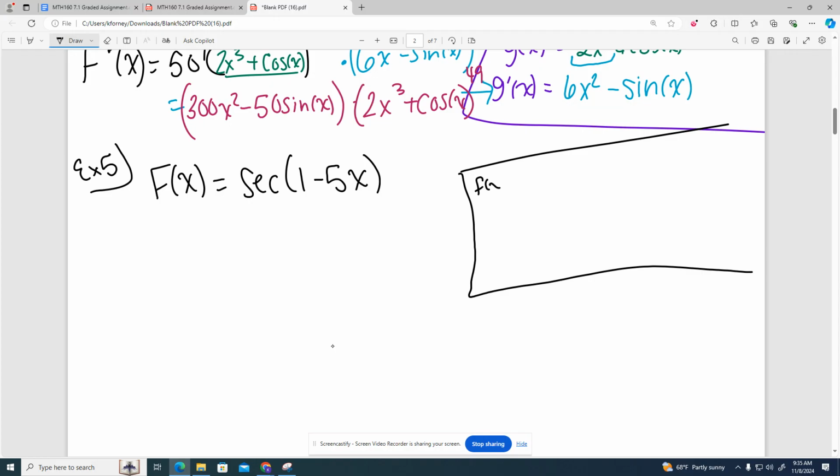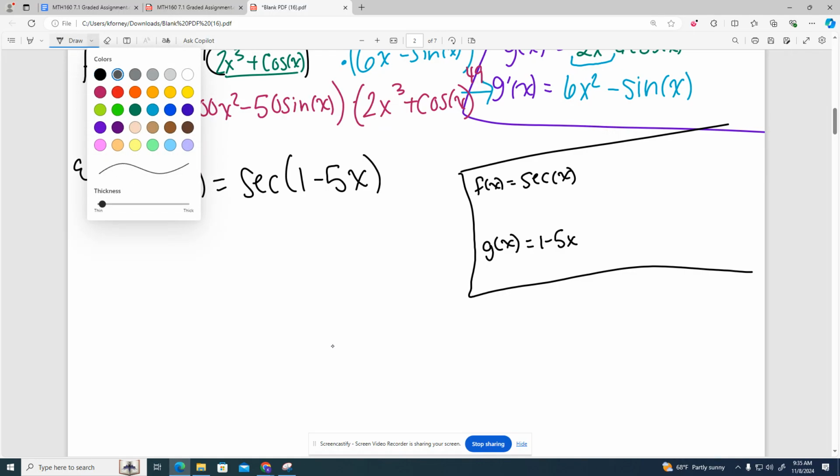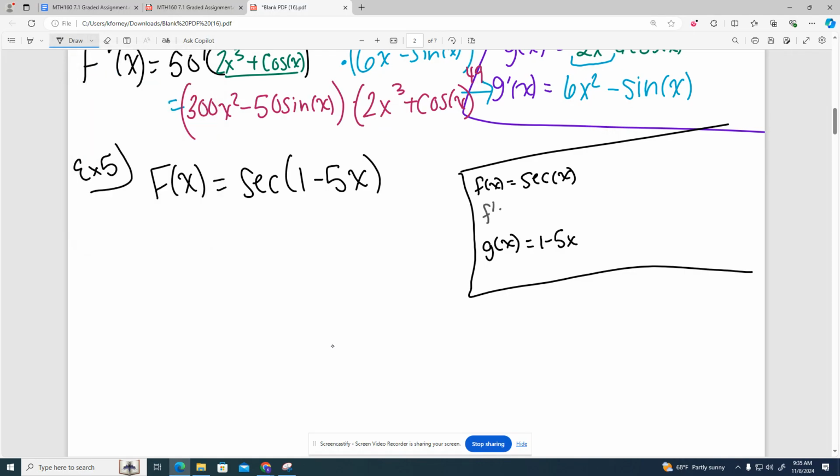Our outside function would be secant x. Our inside function is 1 minus 5x. So, we need to find the derivatives. What's the derivative of secant?